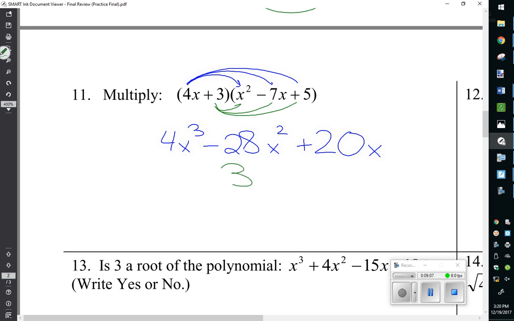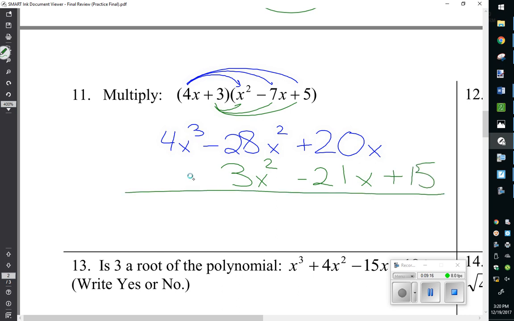So it's going to be 3x squared minus 21x plus 15. We are then going to combine like terms. The way I write them makes this pretty easy. 4x cubed minus 25x squared minus 20 minus 21 would just be minus x plus 15. I FOILed it out and then combined like terms.